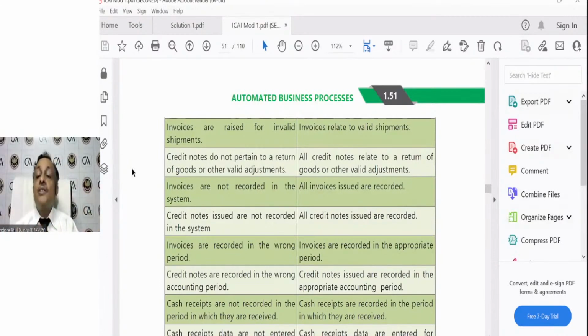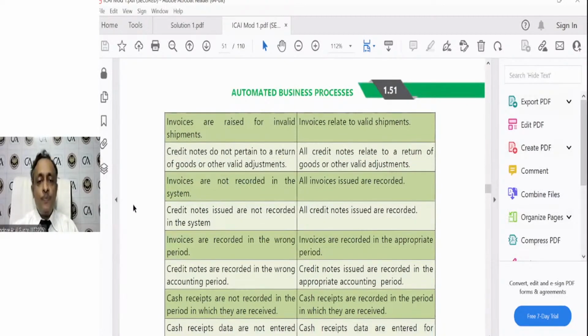At that sales location, sometimes electricity is not there, so my staff is forced to generate a manual invoice. So that invoice has to be recorded in the system. So these are basically for non-integrated systems or some exceptions that may arise when I am not able to generate an invoice from my integrated system. So they have to be recorded properly. Credit notes have to be recorded properly in the system.